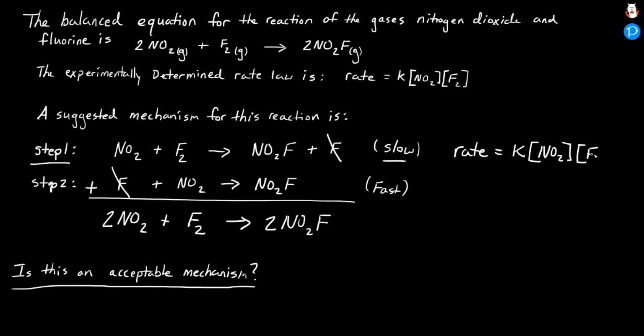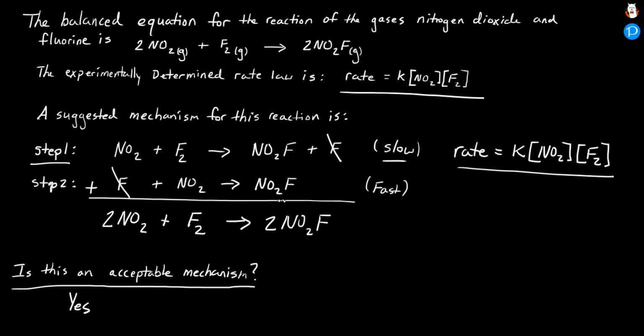And again, just one of those, so raised to the first power again. I can see that the rate law for the slow step matches the experimental rate law, and so this is an acceptable mechanism. So we can answer yes, because it adds together to give the balanced reaction, and the rate law for the slow step matches the experimental rate law.